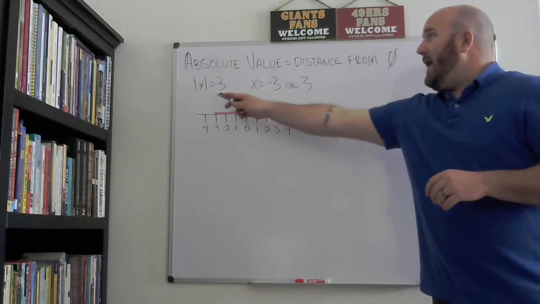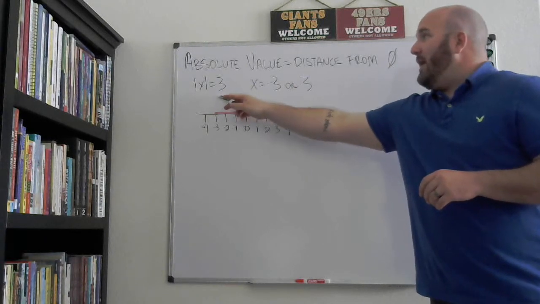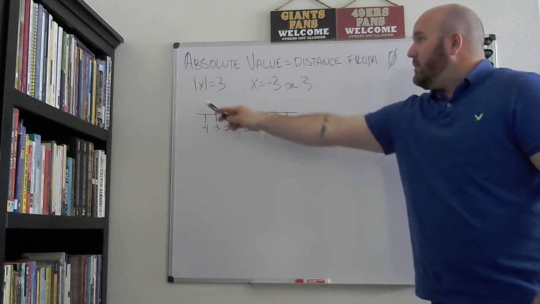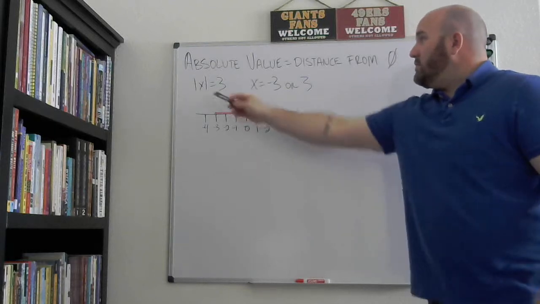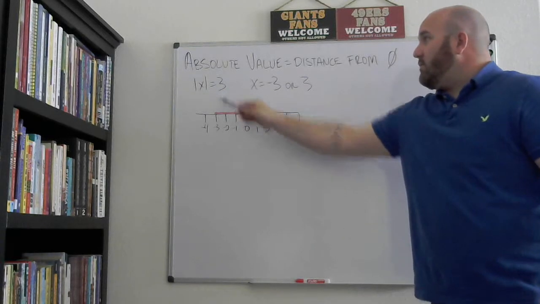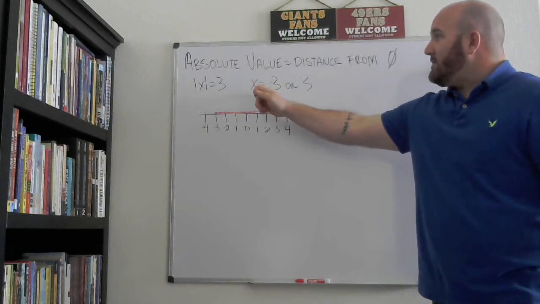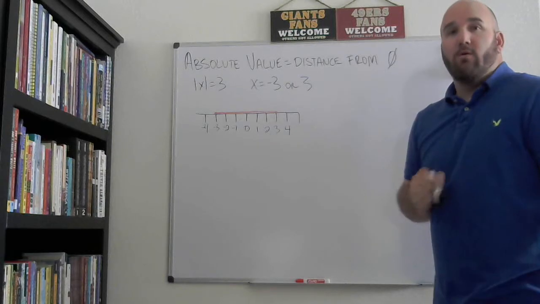So if we had the absolute value of x equals 3, this is an actual equation here because we have a variable and we need to solve for the variable. Then the solution is x equals -3 or 3. Why?